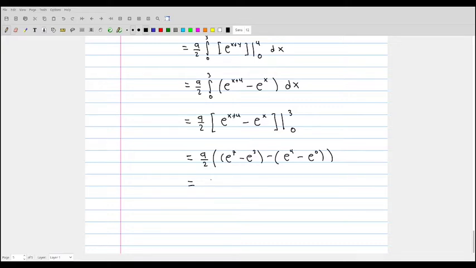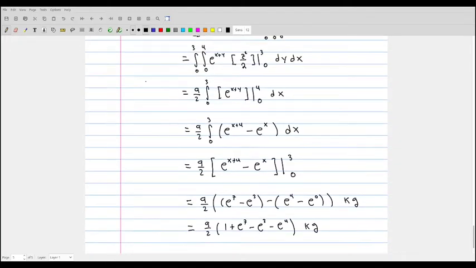Or 9/2 times 1 plus e to the 7 minus e to the 3 minus e to the 4. And this value is measured in, say, kilograms. If the units of our density function are kilograms per meter cubed, then this value is the total mass measured in kilograms.